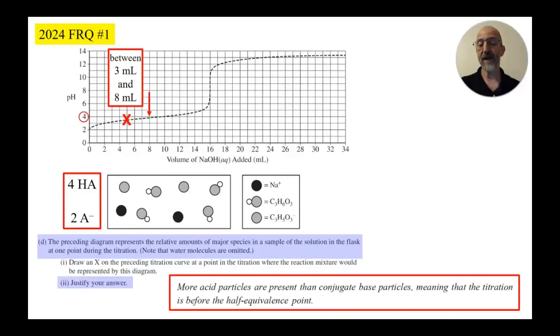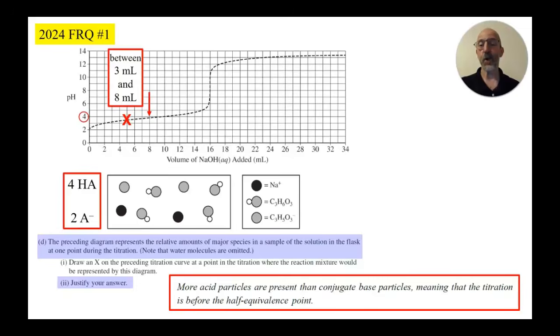So I'm going to justify my answer by saying, well, there are more acid particles present in that mixture than conjugate base. So there's more HA than A minus. There's more of the C3H6O3 than there is of the C3H5O3 minus. So the titration is before the half equivalence point.